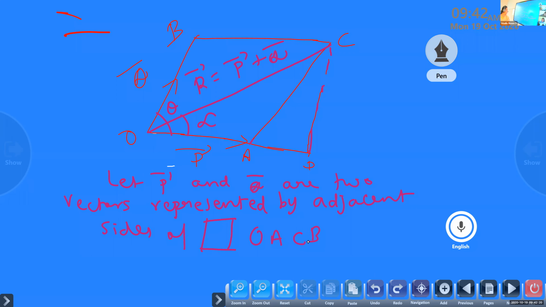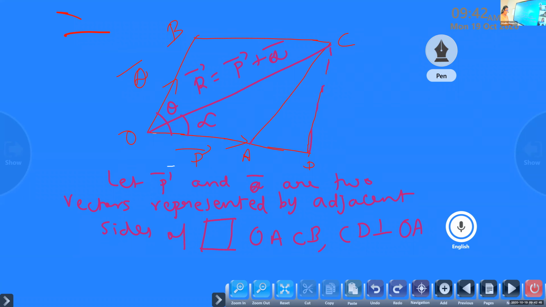And CD perpendicular to side OA. CD perpendicular to OA.